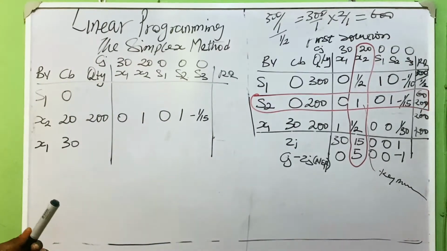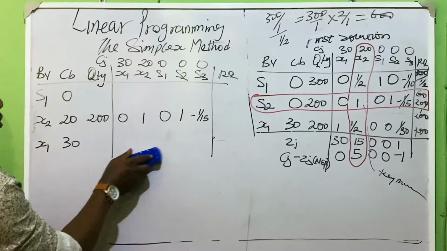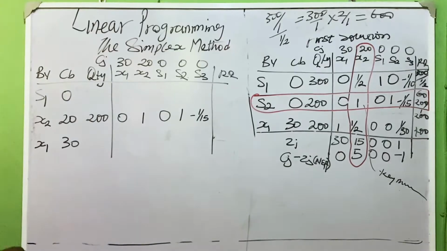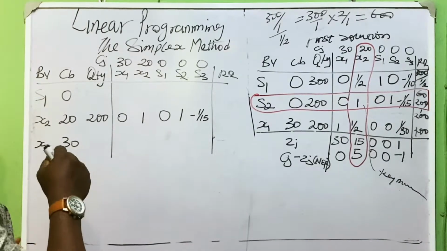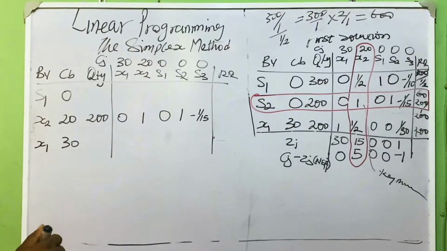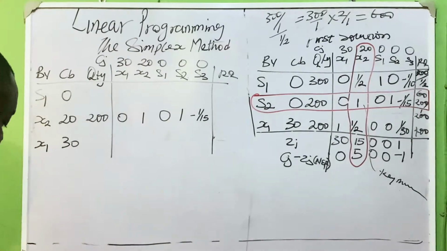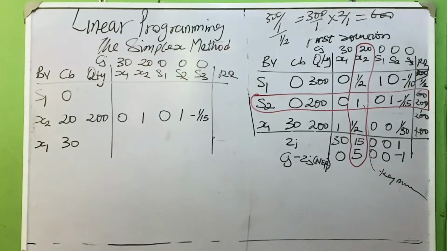Now, the next will be to transform our non-key rows. And the rule for transformation of non-key rows we have established is very simple. It is old row number minus the corresponding number in the key row multiplied by the fixed ratio will give us the new row number. So the first thing we're going to do will be to determine the fixed ratio.